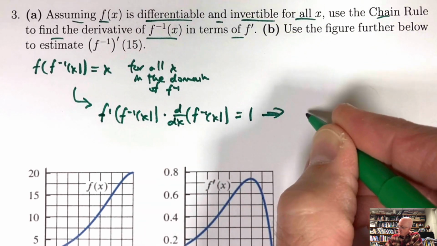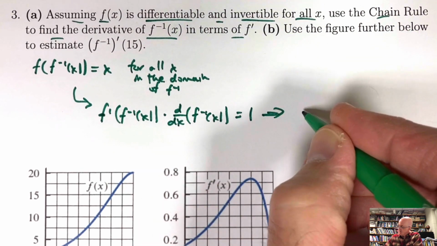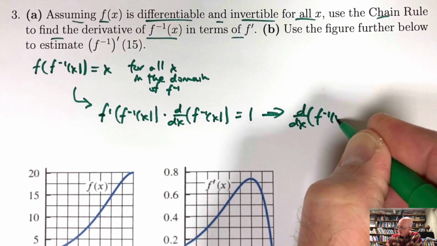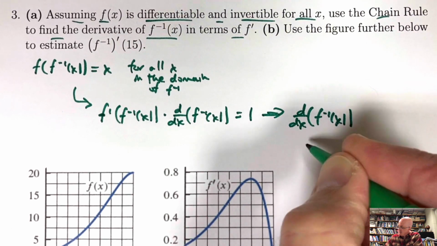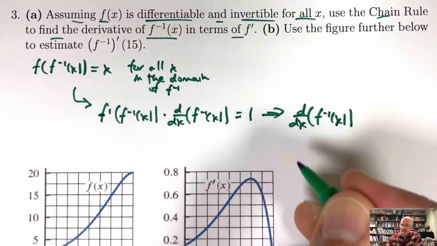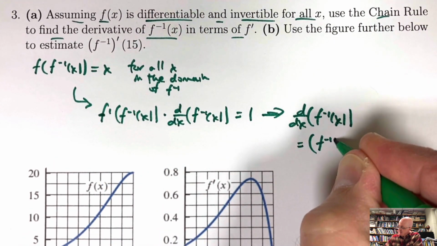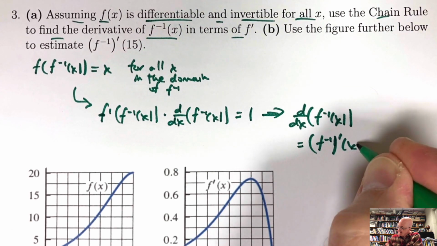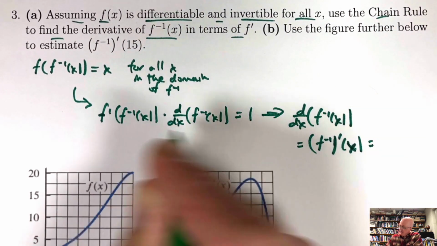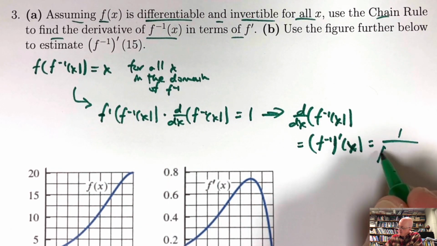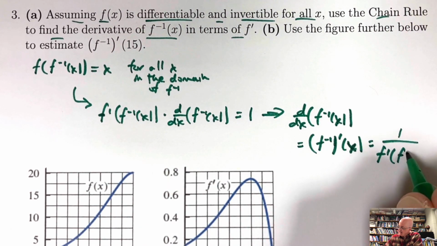Then just solve for the derivative of f inverse of x, d dx of f inverse of x, which we will also write on some problems to come, in fact including part B of this problem, as f inverse prime of x, using prime notation, is 1 over this thing here, 1 over f prime of f inverse of x.